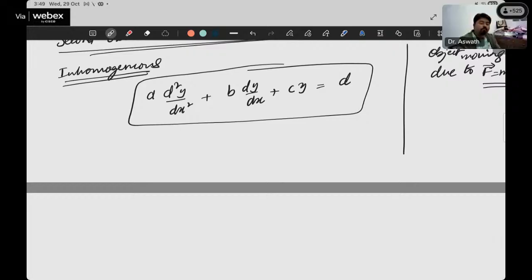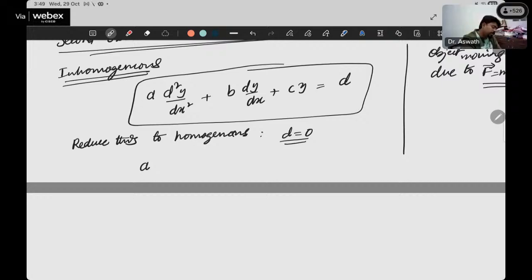So what I'll do first is reduce this to the homogeneous case. First we'll deal with homogeneous and then we'll come back to non-homogeneous. So I set d equal to 0. In that case, a y double dash plus b y dash plus c y is equal to 0.